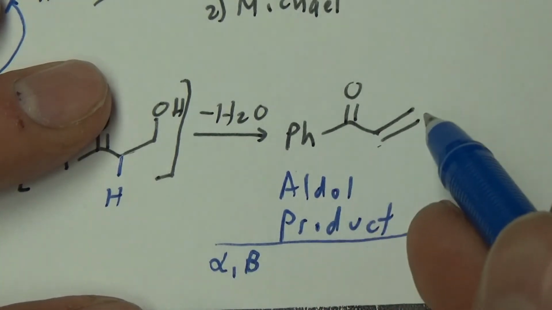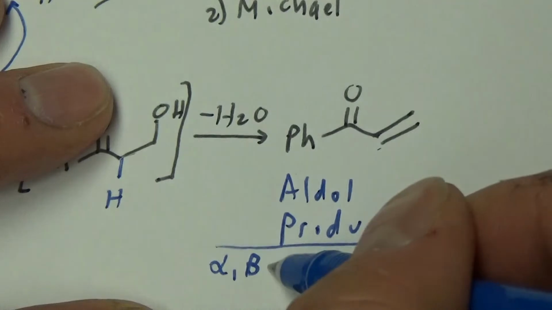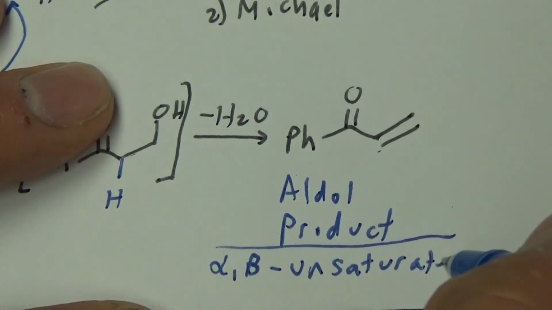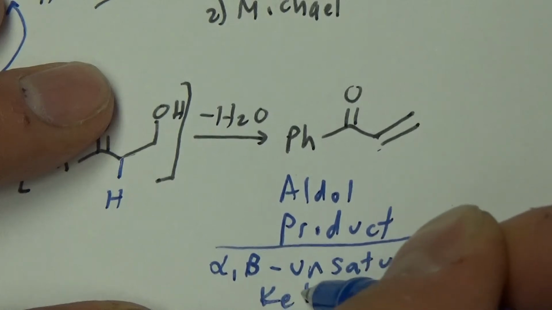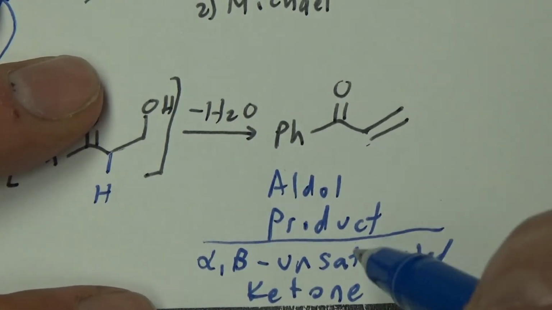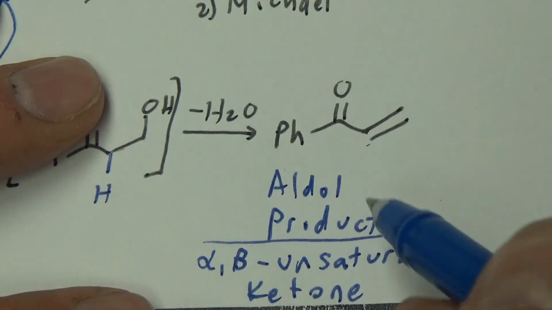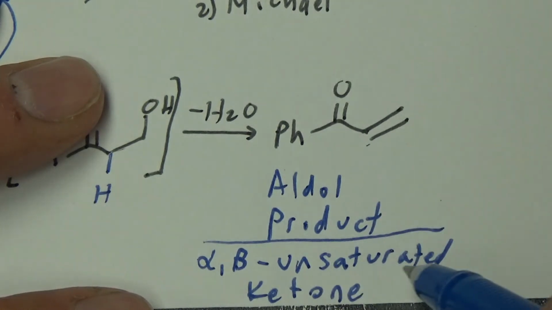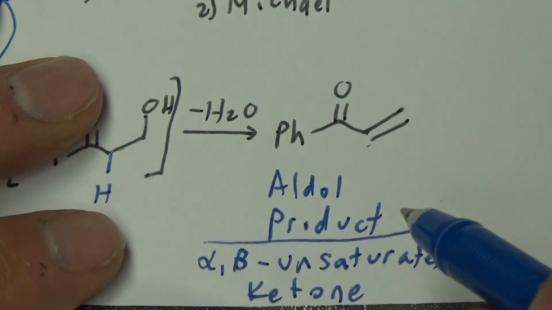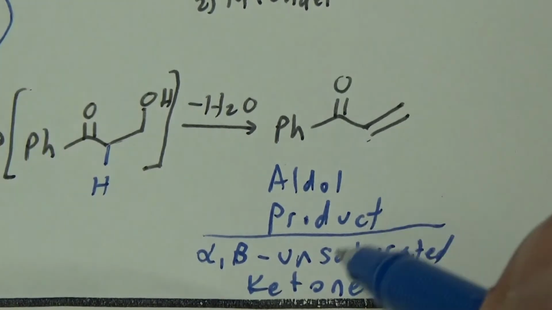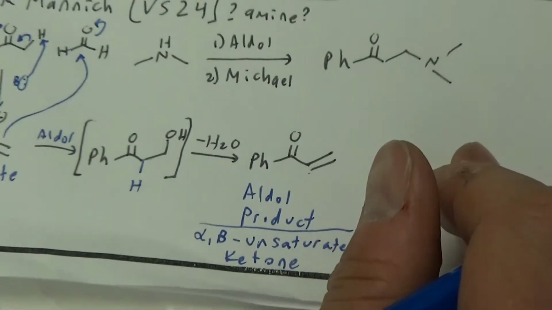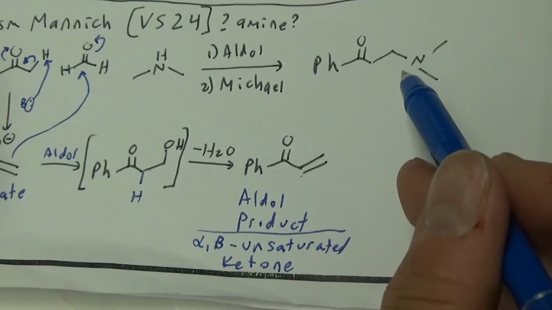Alpha refers to that, the beta refers to that. What does unsaturation mean? It means the double bond, right? Pretty much all aldol products are alpha, beta unsaturated ketones or aldehydes. Okay.